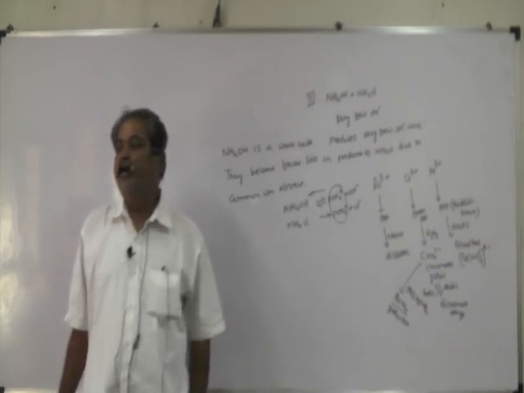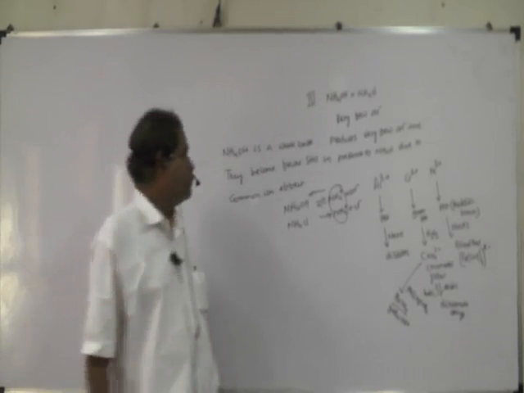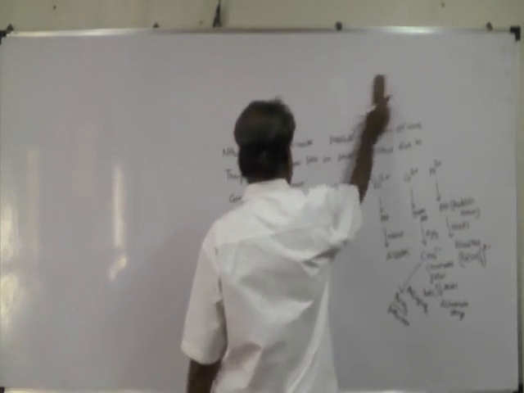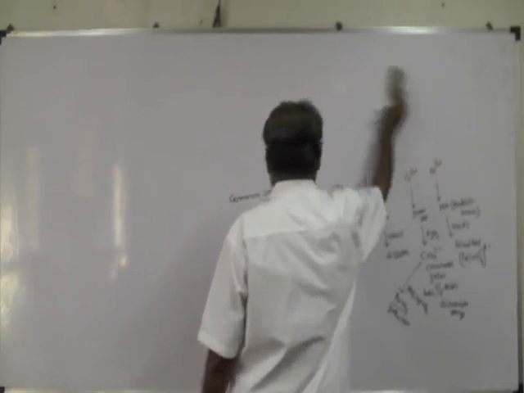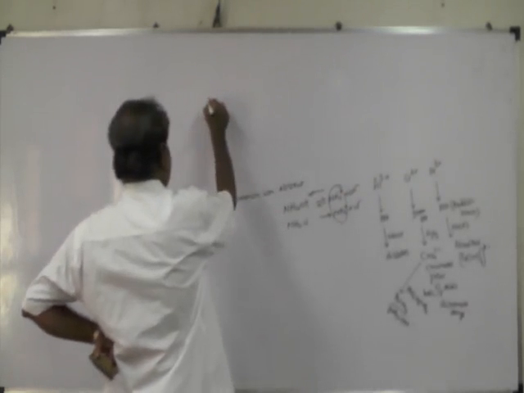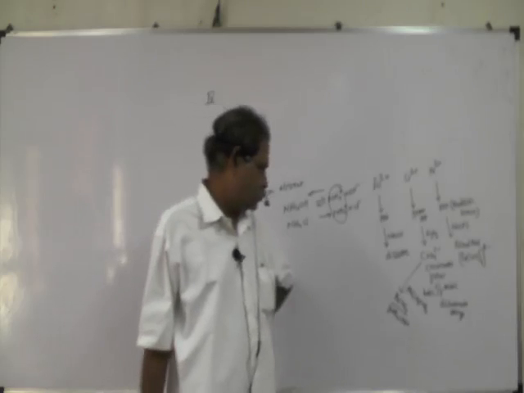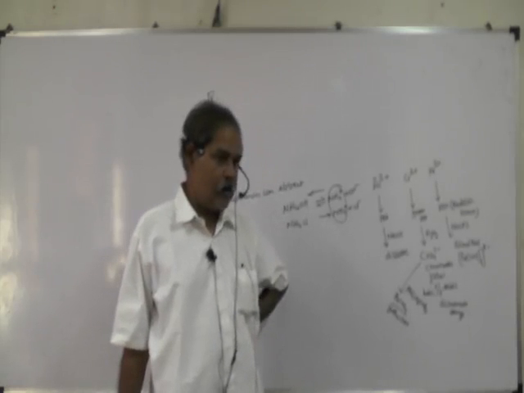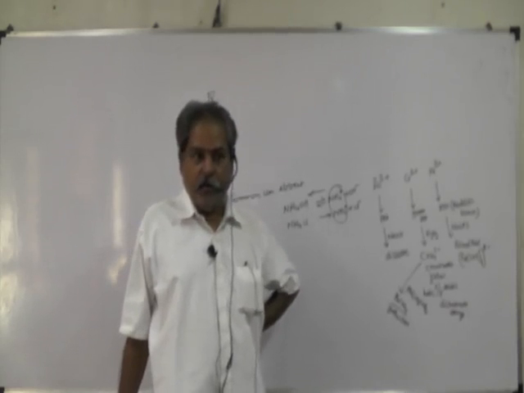These are the three main groups. Others are rather peripheral. Group 4. How do you get dichromate from chromate? Any idea?